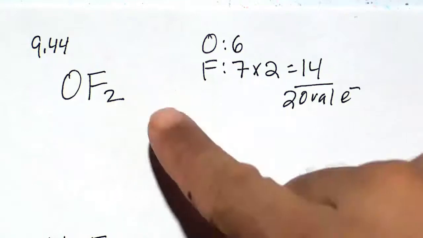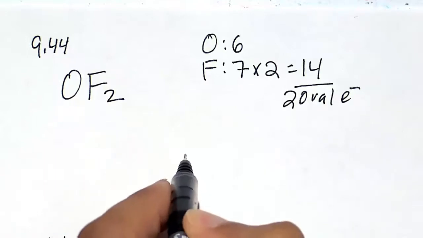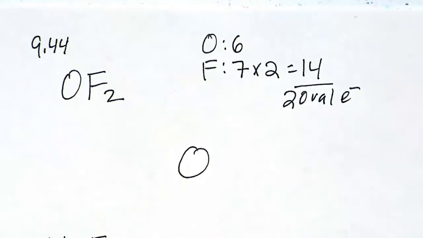To figure out our central atom, it's going to be pretty easily determined to be oxygen, because we don't know which one of the fluorines, either fluorine 1 or fluorine 2, would be central. So oxygen is our best bet for the center atom. That would be its role here in this example.